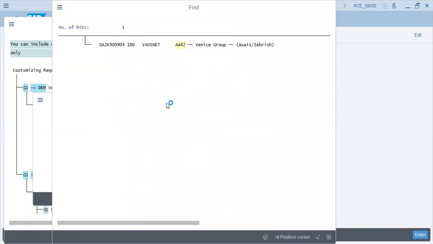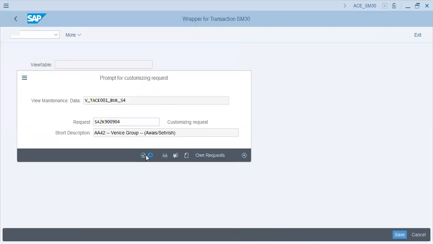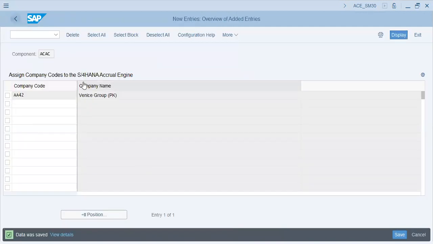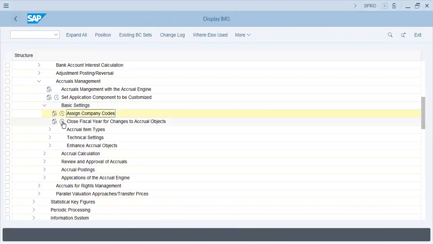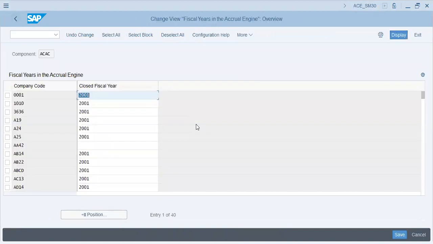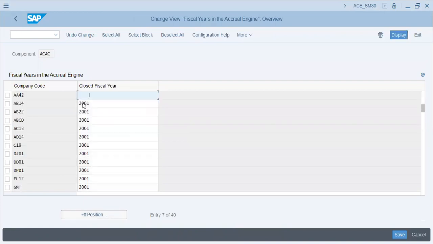AA42. Okay. Next step is closed fiscal year for changes to accrual objects. 8842. Closed fiscal year will be 2022. Save.